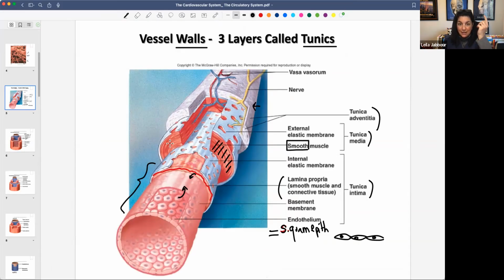See that? That's what I highlighted earlier. Smooth muscle around. So this is basically your thicker smooth muscle right here. That's where the main smooth muscle layering is in tunica media. We have a little bit of smooth muscle here, but when we talk about vasoconstriction of the vessels, we're talking about that thicker smooth muscle layer in tunica media.